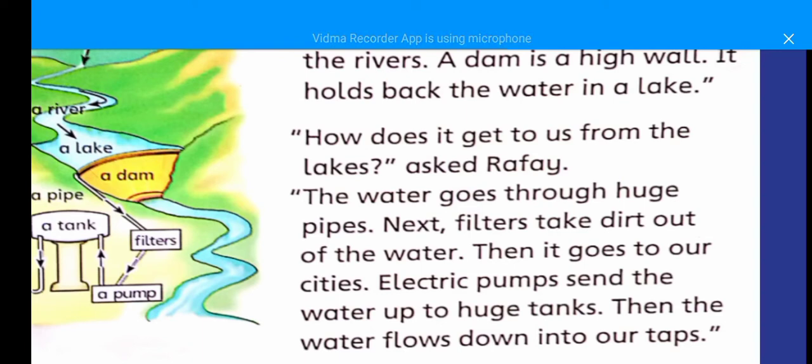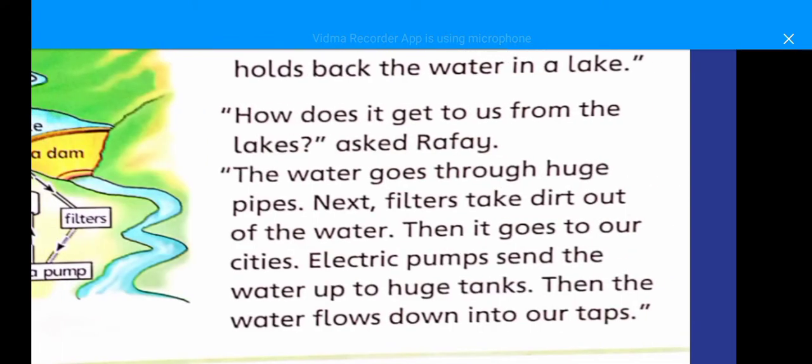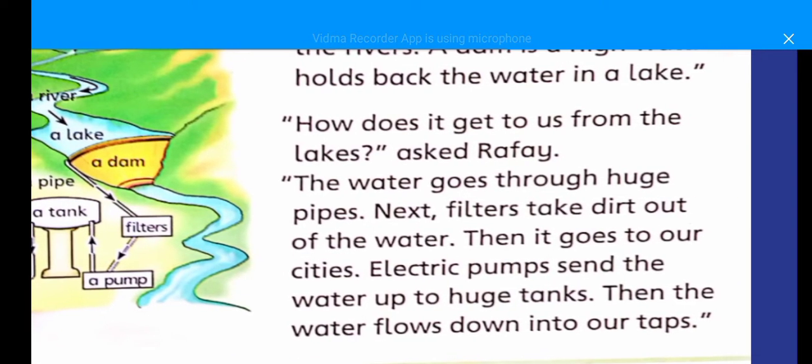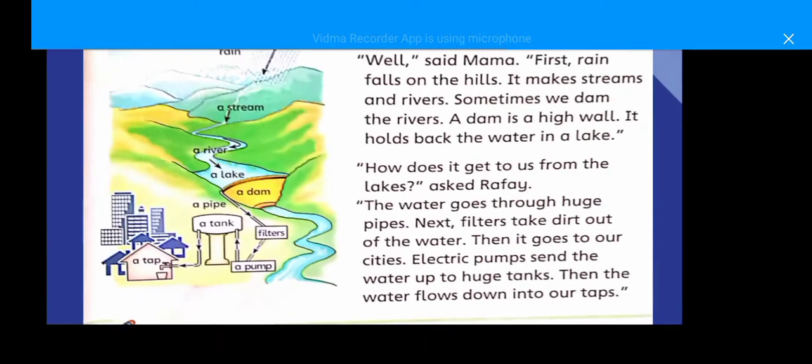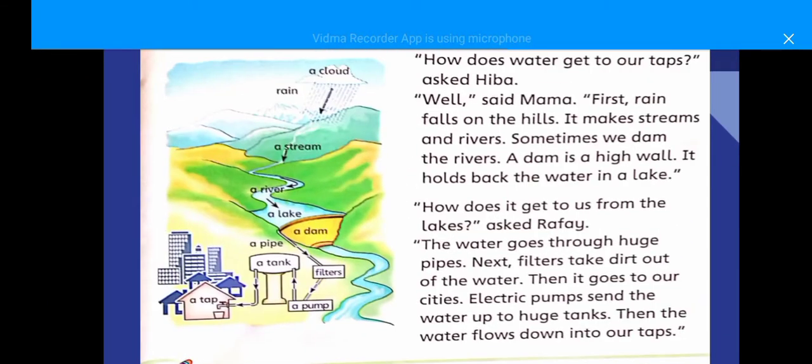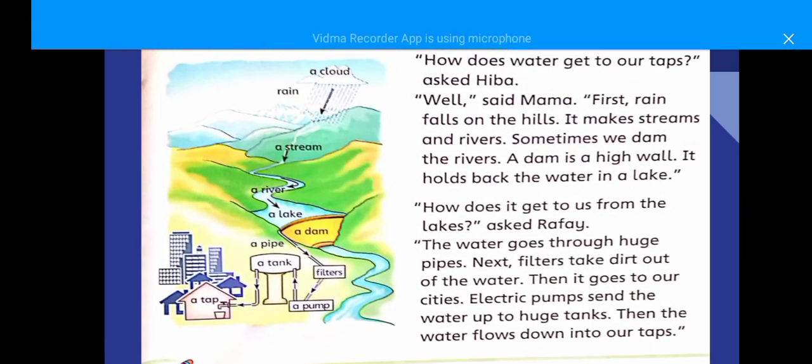Keep these two important points in mind, that what is a dam and what is the function of the filters, that filters are taking out the dirt from the water. So we have done this reading also, and I hope that you have understood this. And now we are going to complete this one page, and now the remaining part of the page.